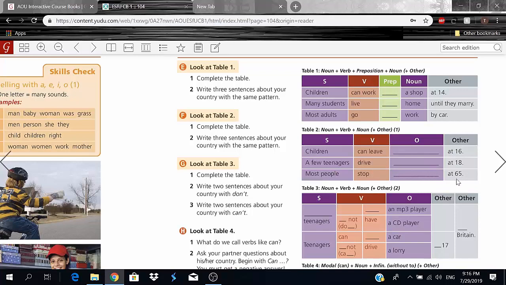So if I'm going to add a noun, I could say children can leave school or home at 16. A few teenagers drive cars at 18. That's the only logical answer. Most people stop work at 65.